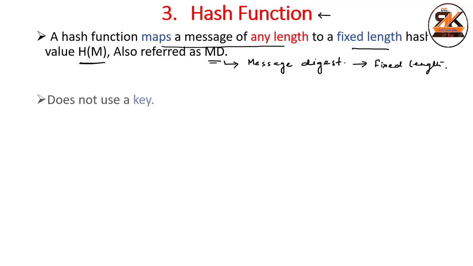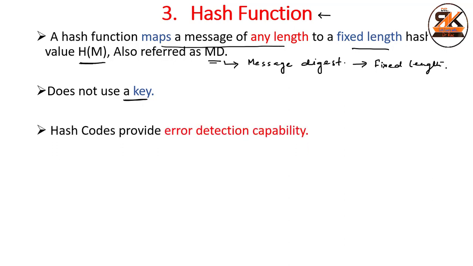And unlike MAC, this hash function does not use a key to provide the message digest or the hash. But in case of MAC, we were using a key that was being used for producing the MAC value. And these hash codes provide error detection capabilities also.